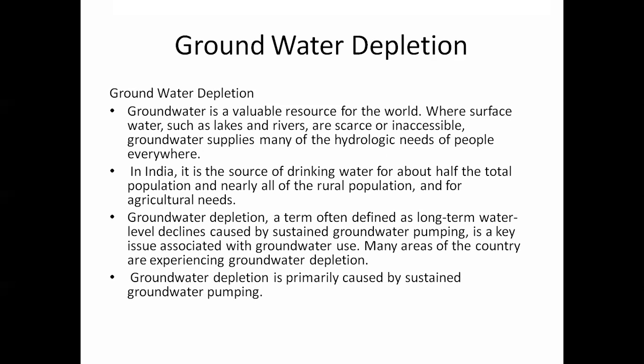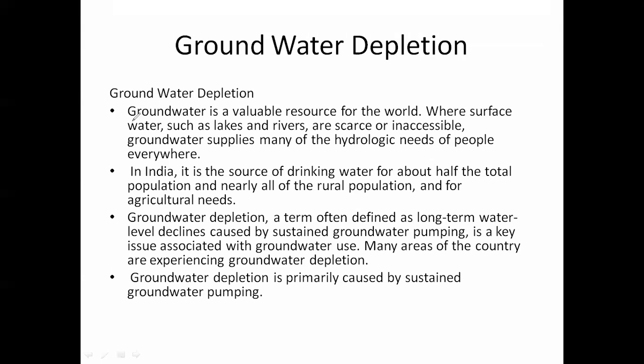In the Himalayas, they are solely dependent on groundwater. It's a very good source when lakes or rivers are not available or are inaccessible. At that time this groundwater is very reliable.